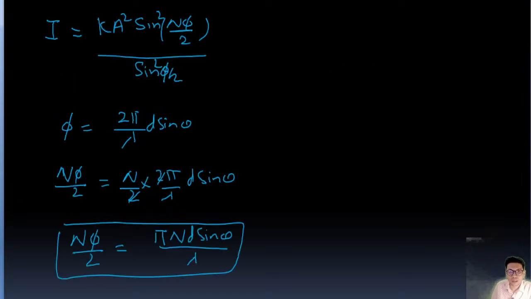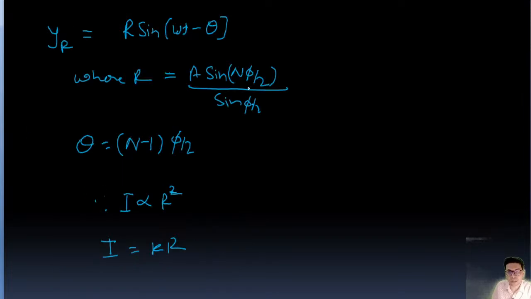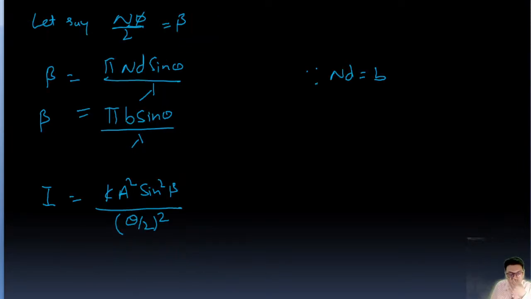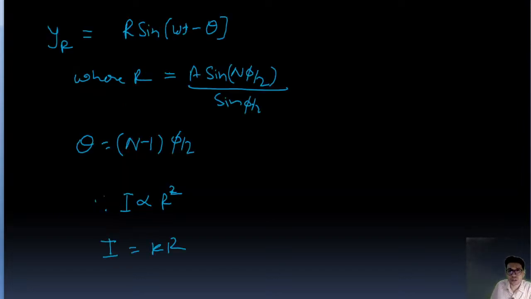Here, sine n theta by 2, where n is a very large value and theta is very small. So we can put sine pi by 2 almost equal to pi by 2, and that is going to be theta by 2, whole square.